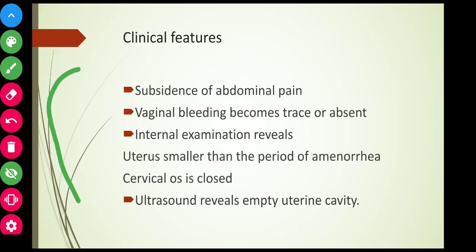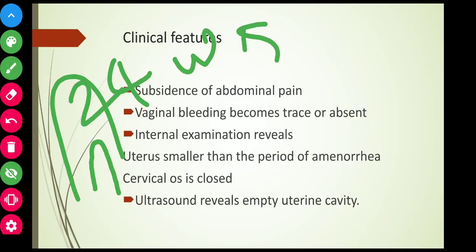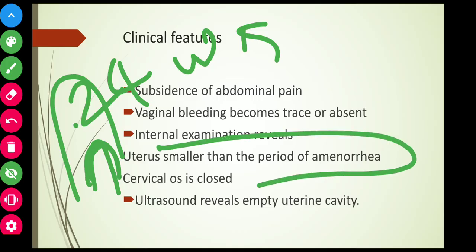Now if internal examination is done, we cannot find the fundal area at that level, it comes lower. Pregnancy is 24th week but when we check, the fundal area is below the umbilicus. That means the uterus is smaller than the period of amenorrhea.